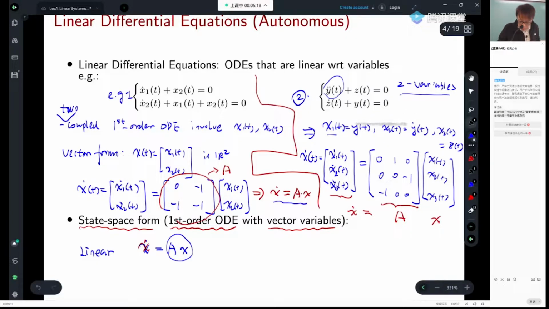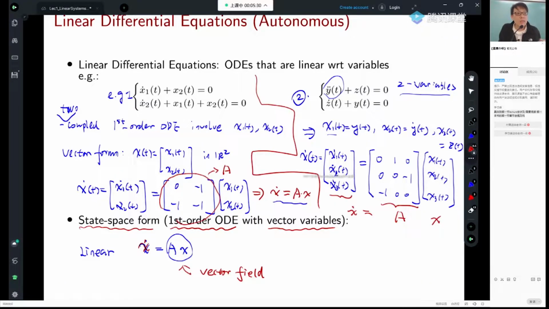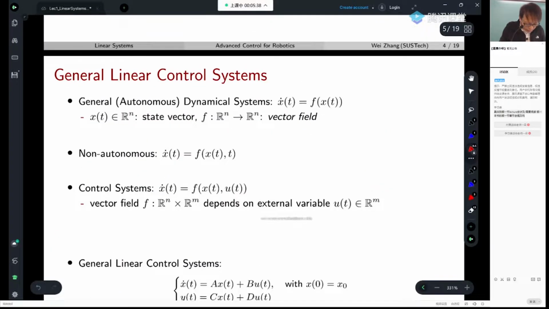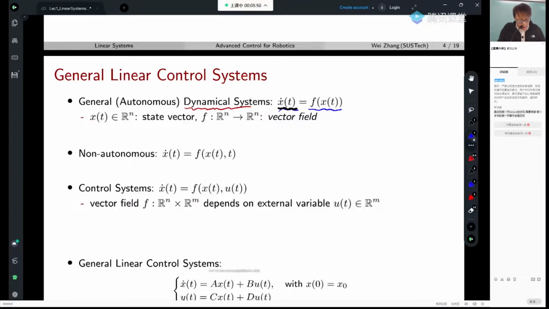And this part, in the state space form, is called a vector field. For you to know, it's just velocity, the vector velocity of your state vector at this point, at this place. Okay, so this is a very special case of the general dynamical system. A general dynamical system is described by x dot equal to a potentially nonlinear function of xt.